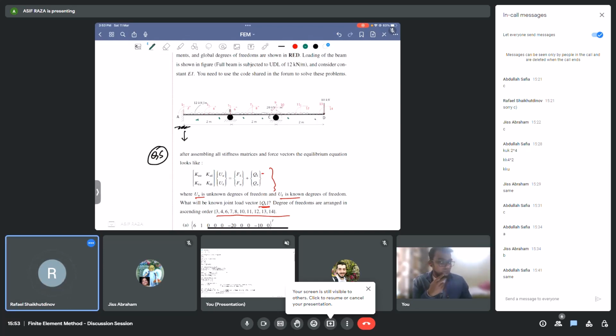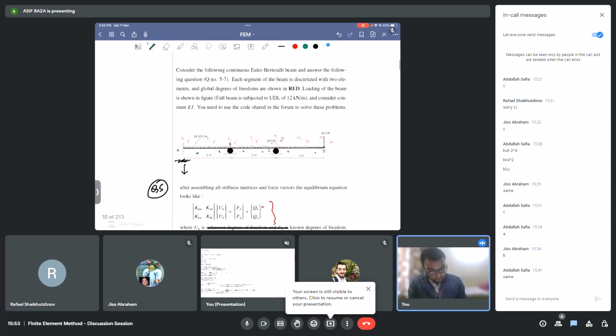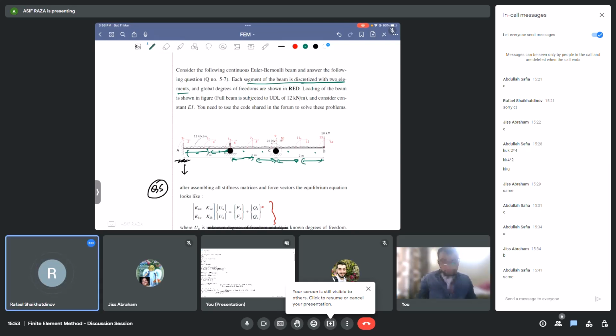If you see, the question says each segment with two elements. So here it will be 1, 2, 3, 4, 5, and 6. We need to write 6 elements. L is equal to 6, 1 to length of code.